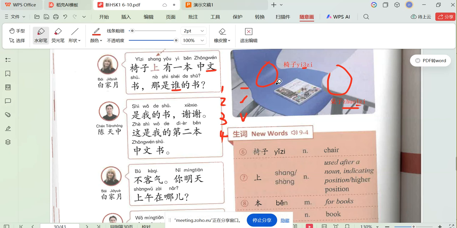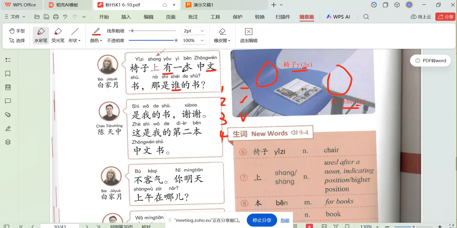Let's read after me. And for example, here, chair is 椅, 椅. Have, has, 有, 有.